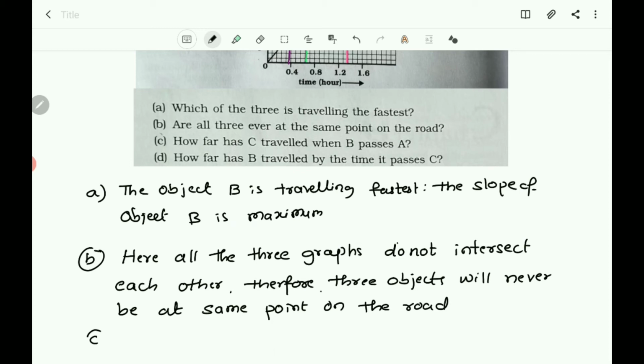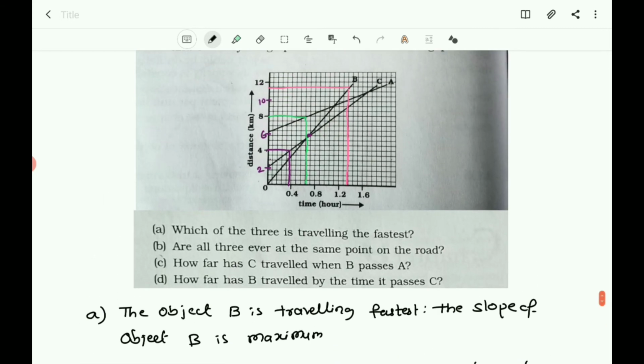Next question, C. How far has C travelled when B passes A? See here.